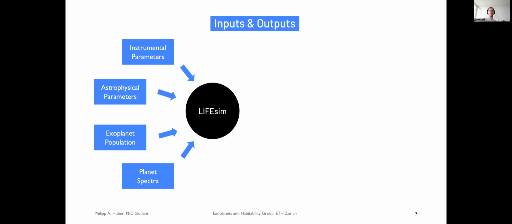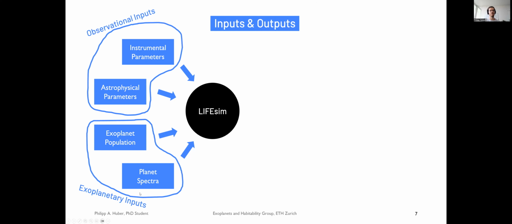Let's now have a look at the inputs and outputs of LIFEsim. So LIFEsim takes several input parameters. First of all, we have instrumental parameters like mirror size or spectral resolution and so on. And then we also have certain astrophysical parameters, for example, the level of exozodiacal light. We also have exoplanetary inputs, as we call them here.